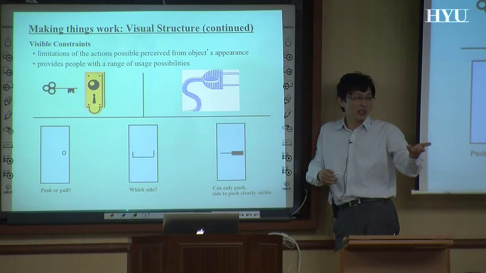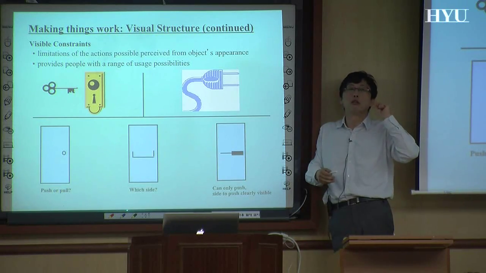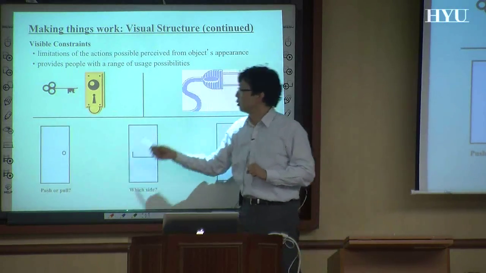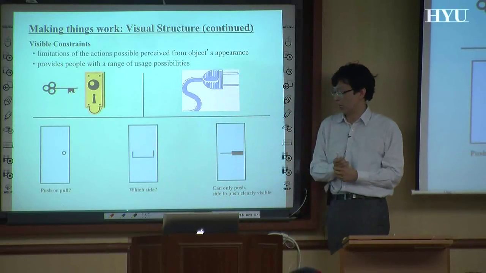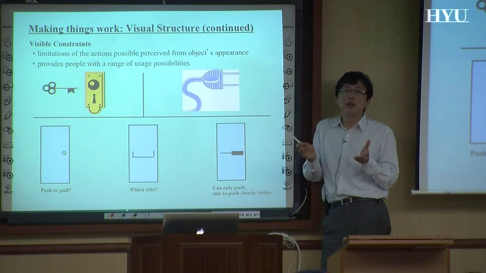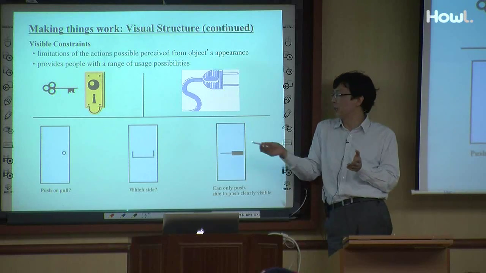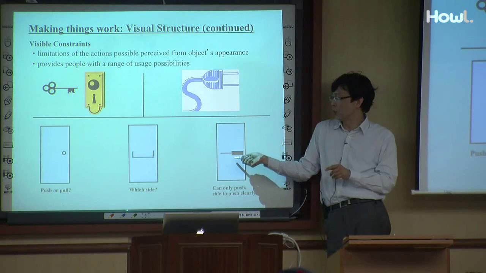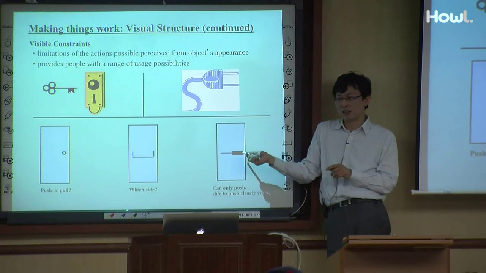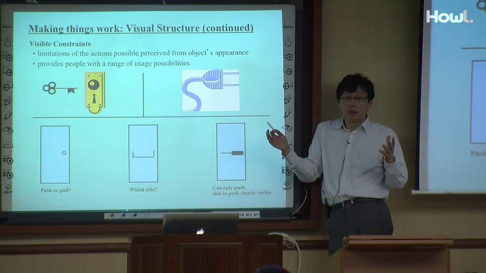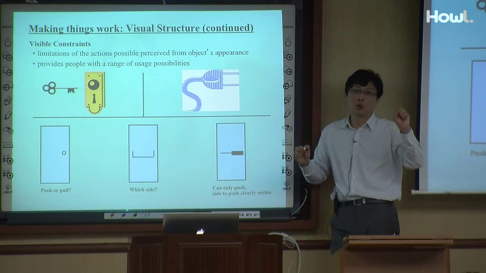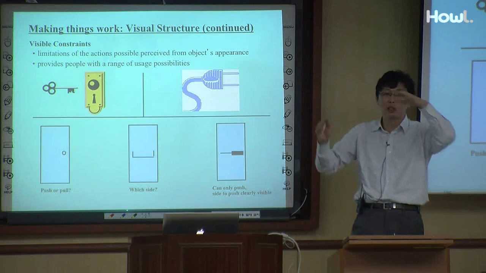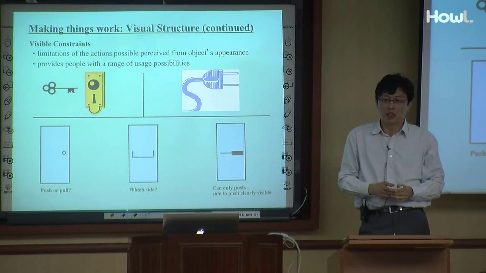After many human errors, okay, designers recognize, oh, right, this one is wrong, this one is also wrong, this one is right. So we cognitive psychologists can explain why this one is better. Why? That has a visual constraint. This one is bigger. Huh? We click the bigger one. Nobody clicks the smaller one. When you have 2 options, one smaller and the other big, many of us click the big one.